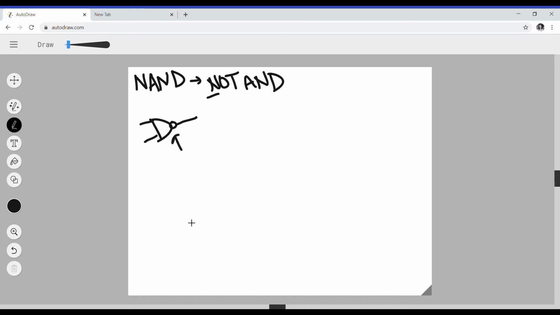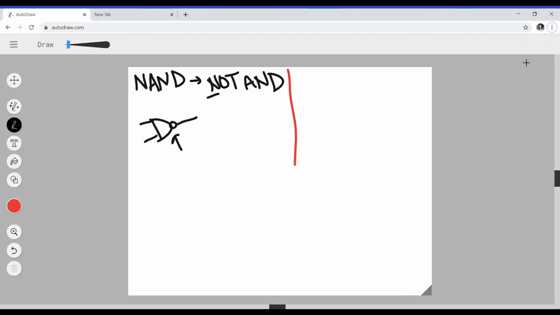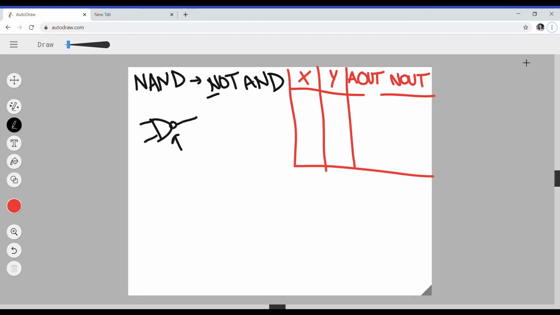And if you remember, what the NOT gate does is that it flips that bit. So I'm just going to go ahead and draw out our AND table just to jog back our memory. We have our two inputs, our X and our Y, and then we will have our AND output. We'll also have our NAND output.